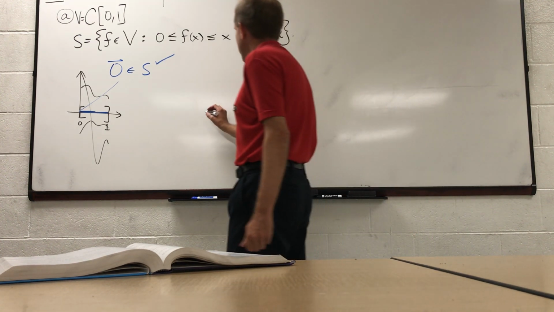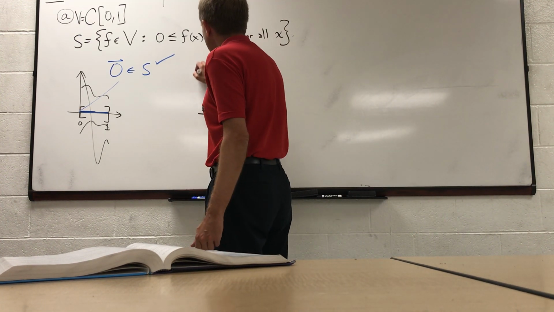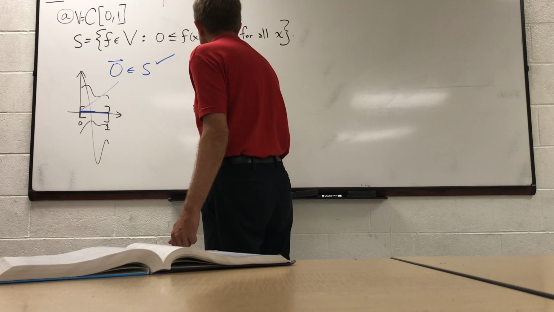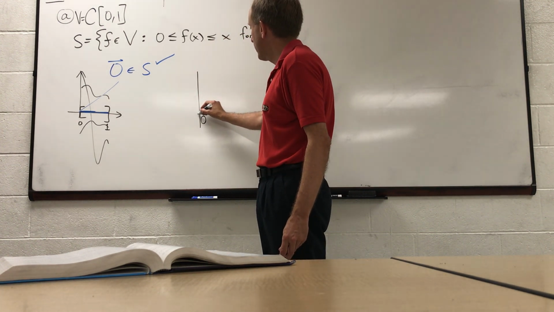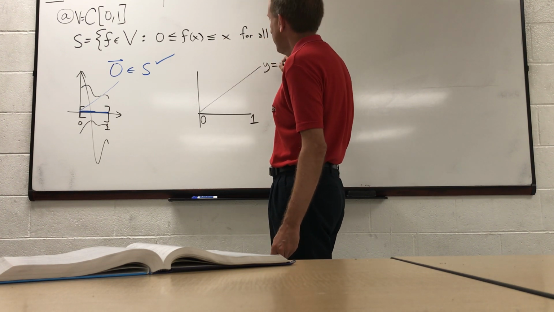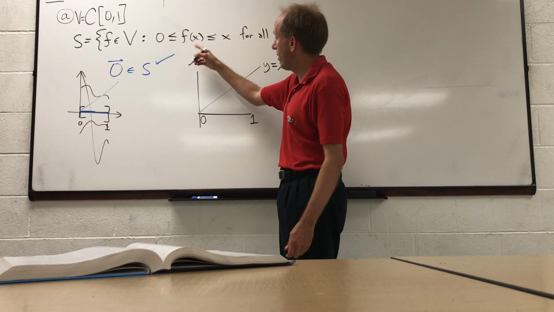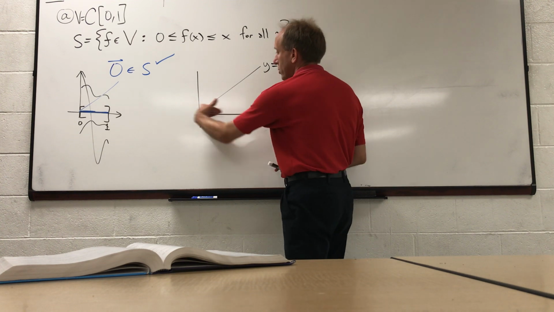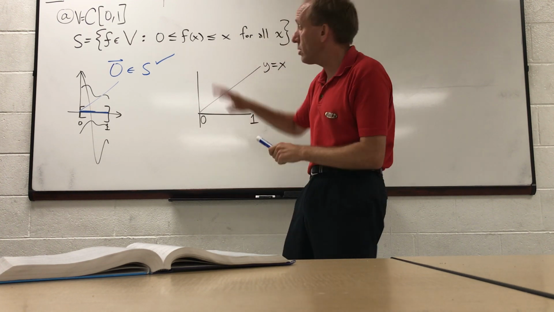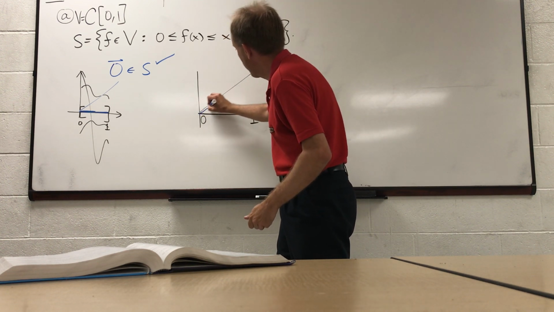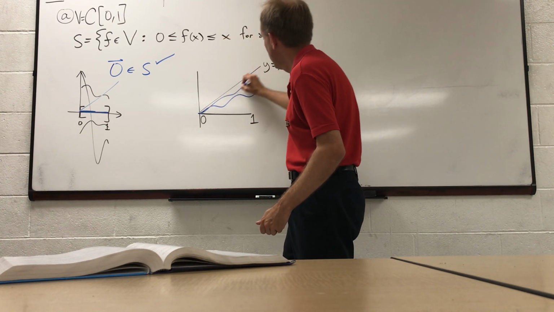So some pictures might help give you the idea here. If this is 0 and 1, and this is the line y equals x, let's say, what we're saying is that our function has to stay between 0 and x. So the functions that are in S are just the functions that are in here.